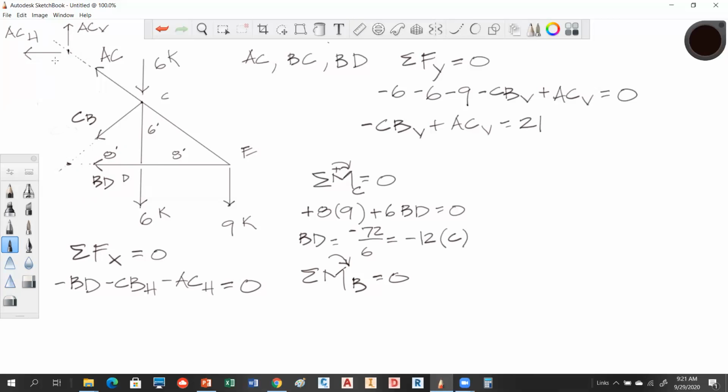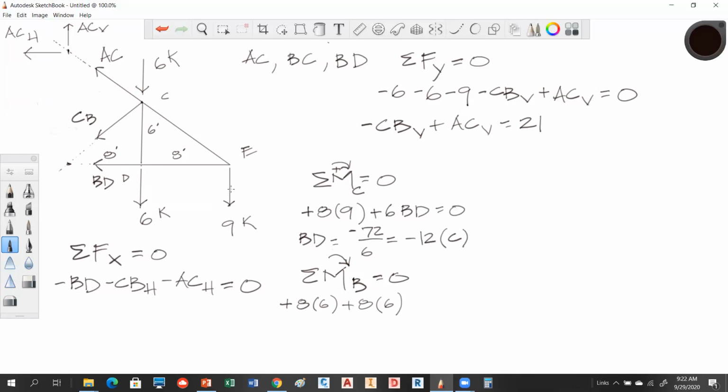Let's see if we can write the moment equation. If I'm sitting here and I look at this force, that force is a distance of 8 over, and it's a clockwise moment. So we're going to say plus 8 times 6 for this one, and this one is also a plus 8 times 6.